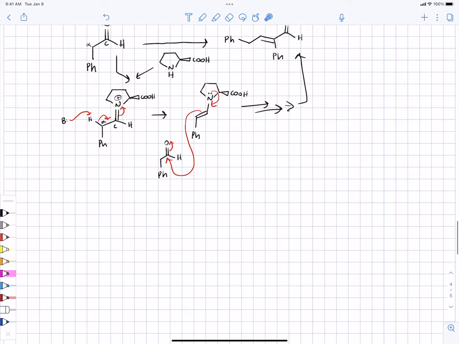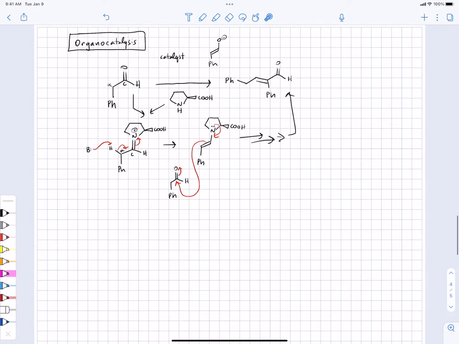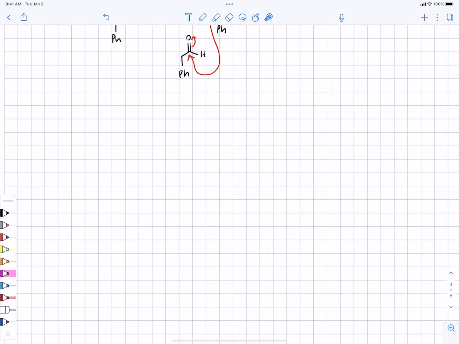All right. There's also another type of catalysis that's based not on the enamine but on the iminium ion that can form. So imagine this alpha beta unsaturated carbonyl compound, and imagine that you want to do an addition reaction, 1,4 or conjugate addition at the beta carbon.